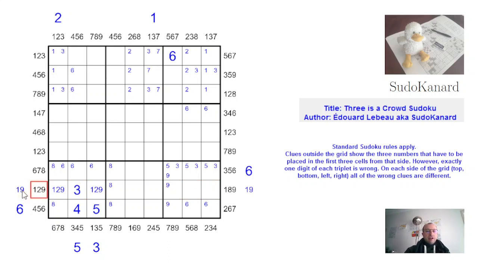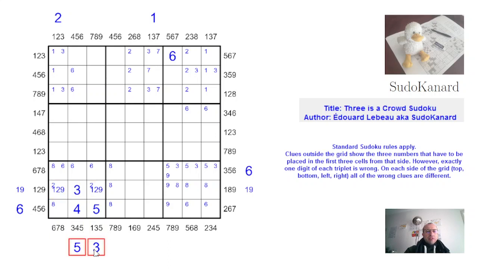So the liar here is 1 or 9, and there is a 2 in here, and there is an 8 in there. And we have a split pair of liars on both sides of the grid, where here the liars were just side by side.